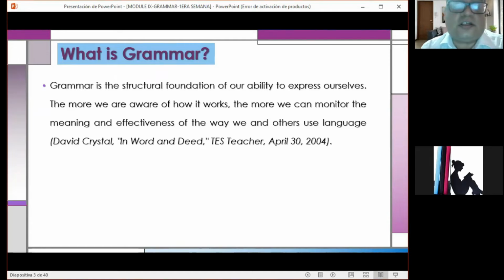He said that in 2004. So notice here, according to this person, grammar is the structural foundation, but of what? Of our ability to express. So the more we are aware of how it works, the more we can manage the meaning and effectiveness of the way we and others use the language. So this is according to David Crystal.